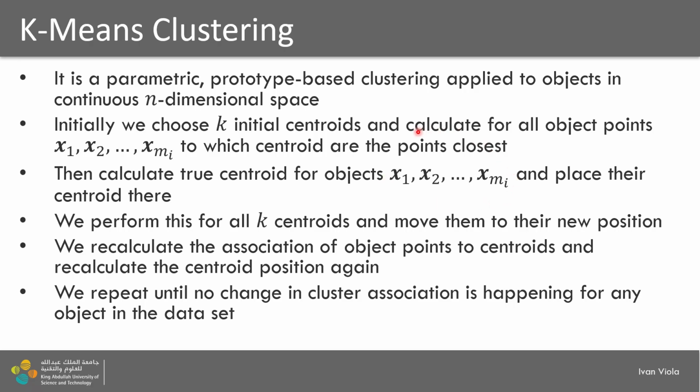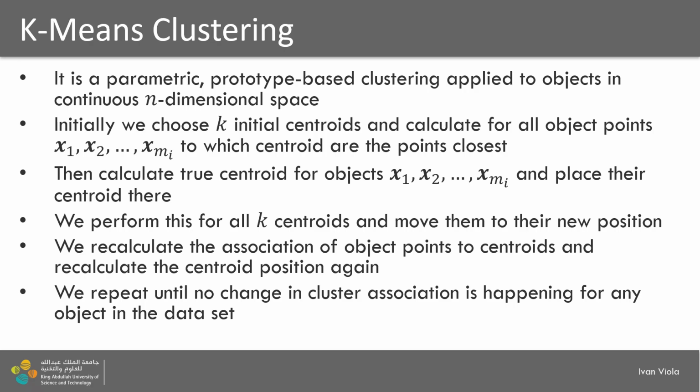So this would be points belonging to one particular cluster, and then we will place the centroid in that position. So the prototype will change its position abruptly from where it was to become the center of gravity of those points which were assigned to it.